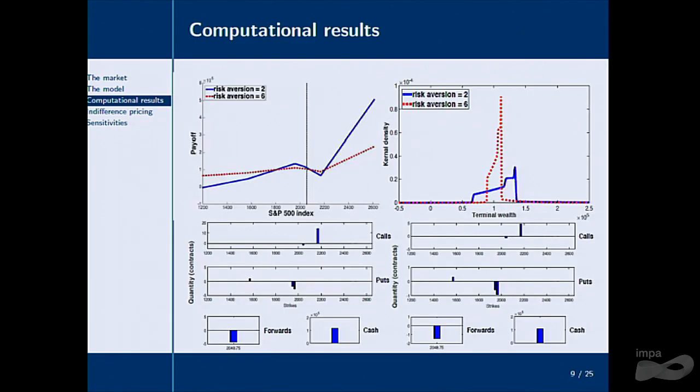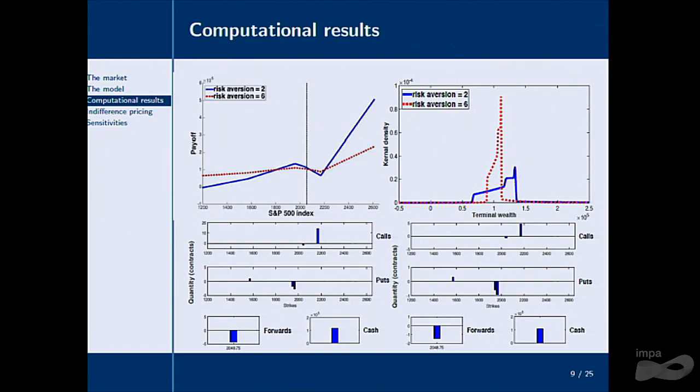Here are the results. Blue and red are results with different risk aversions. Here are the portfolios. You have calls. The vertical axis is the range of strikes available. You take a positive position in one of the calls, negative in another, and nothing else. And this is indeed typical in these examples.